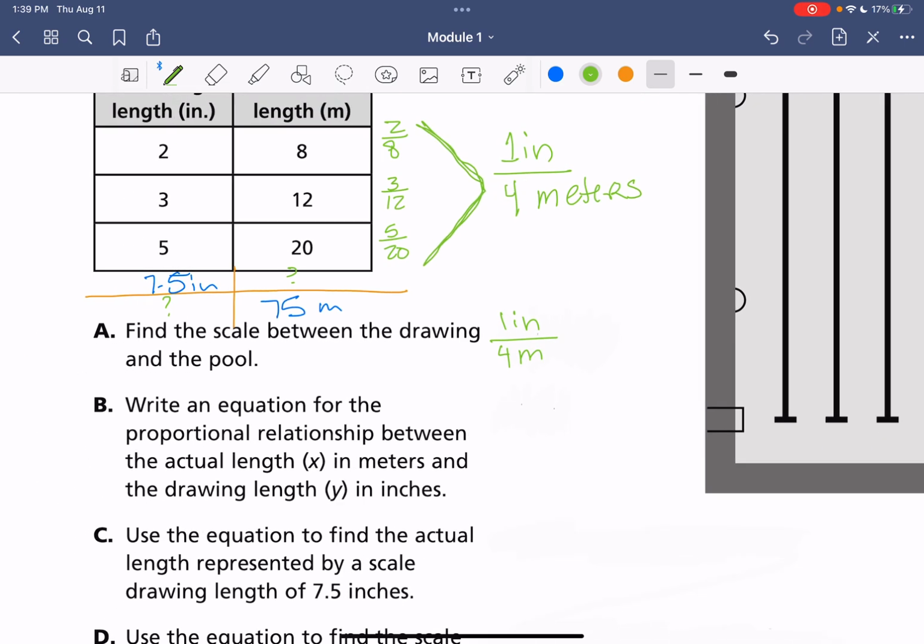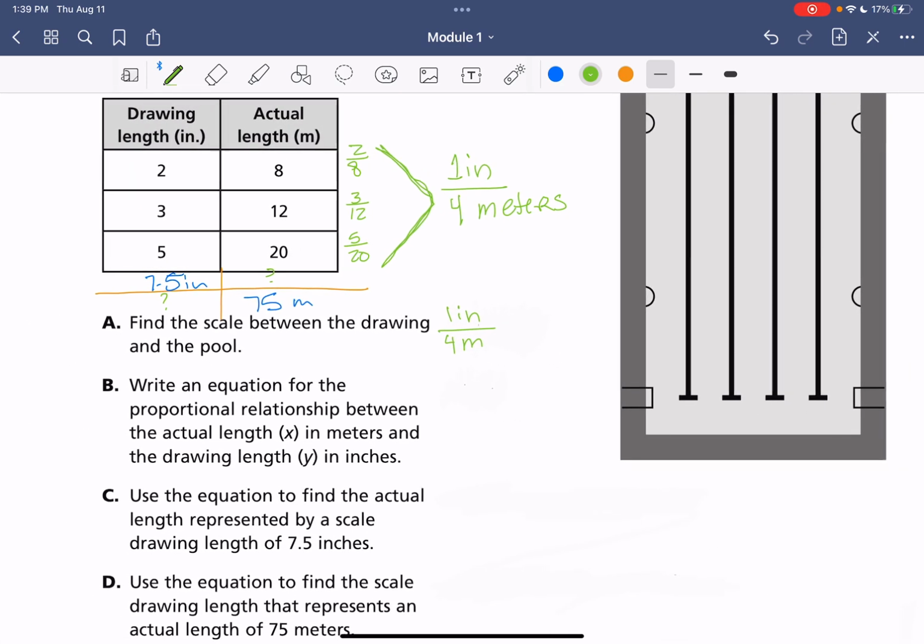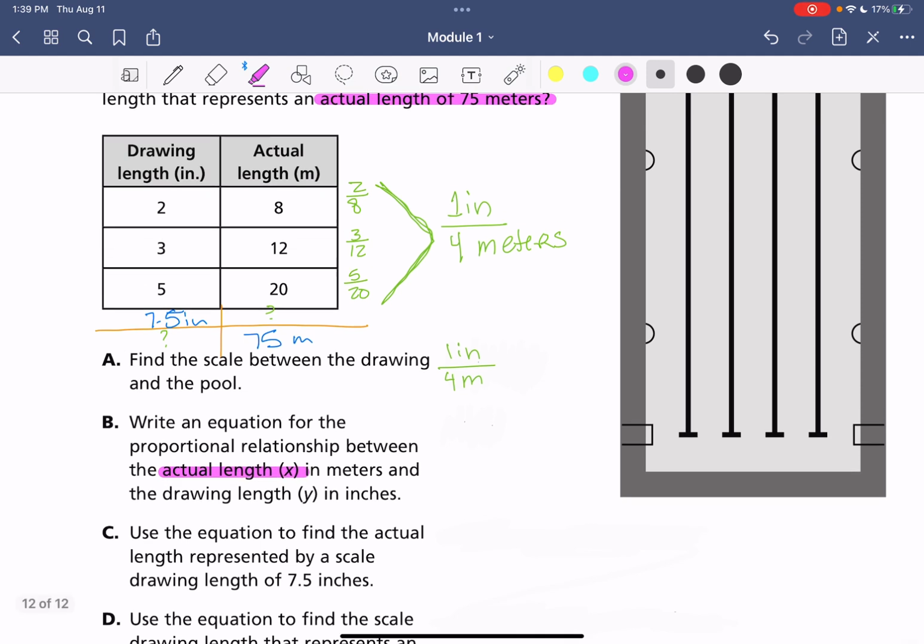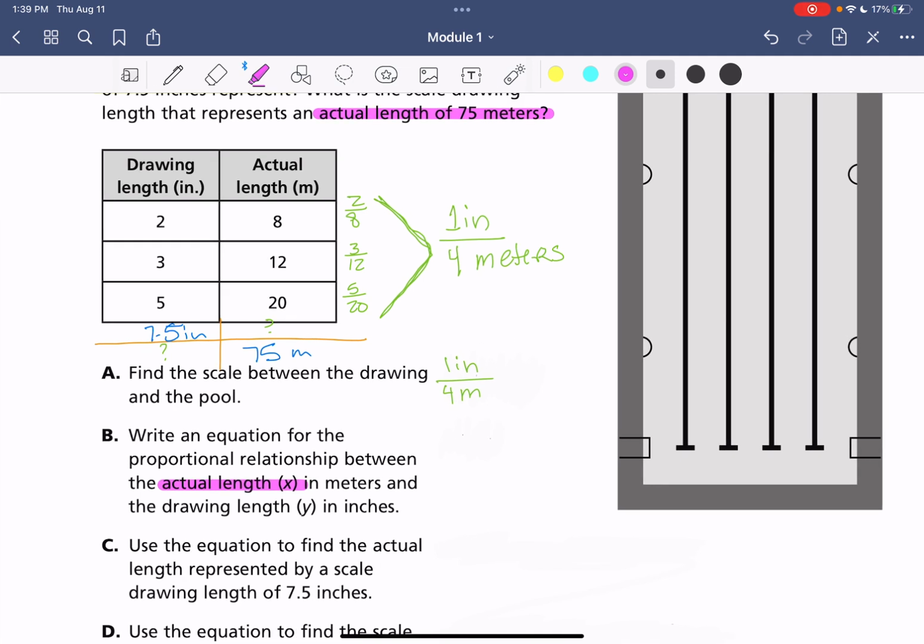And now they want to have us write an equation. Now I've gotten questions before about why is the 1 inch on top and the 4 meters on bottom. This is where it gives us that info of which one needs to go where. So here it wants us to have our actual length as our x. So this is our x, this side.